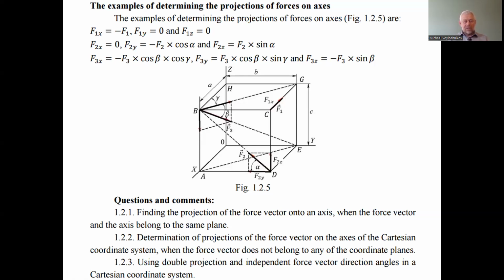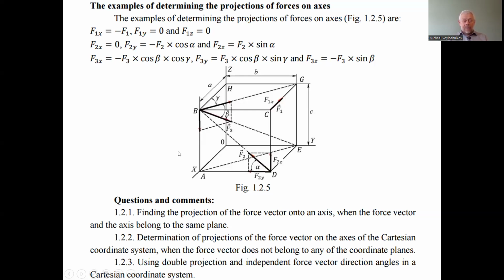The projection on each axis is the product of the magnitude of the force and the cosine of the corresponding direction angle of the force vector, using double projection of the independent force vector direction angles.